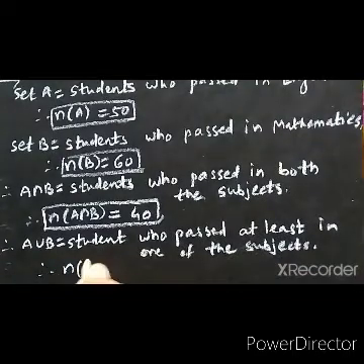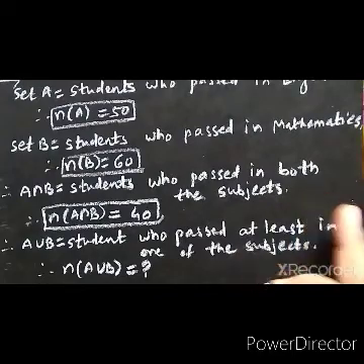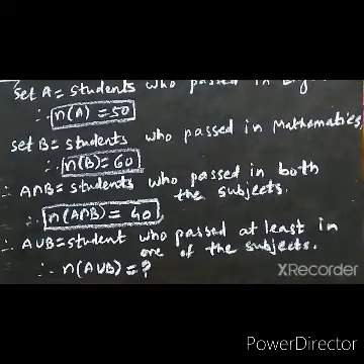Therefore N of A union B is equal to question mark. That is, students who passed in English or maths.